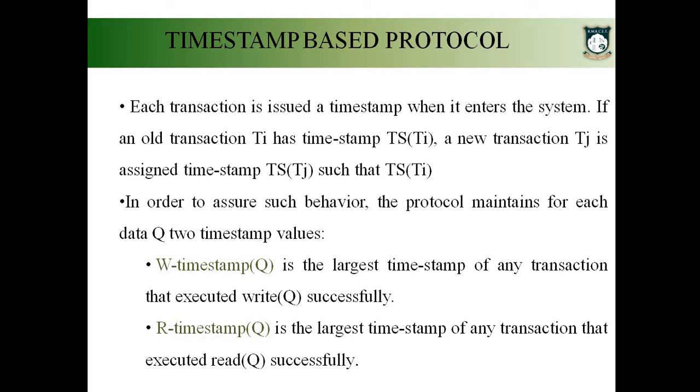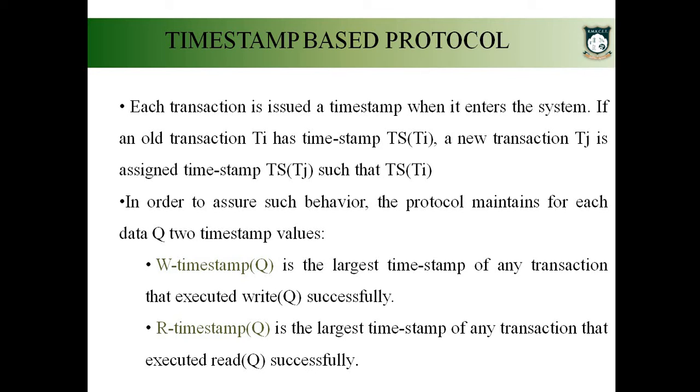You can identify which transaction started first and which started next by using the timestamp value. Now, we also have timestamp values for the data items: one is the read timestamp value, another is the write timestamp value.